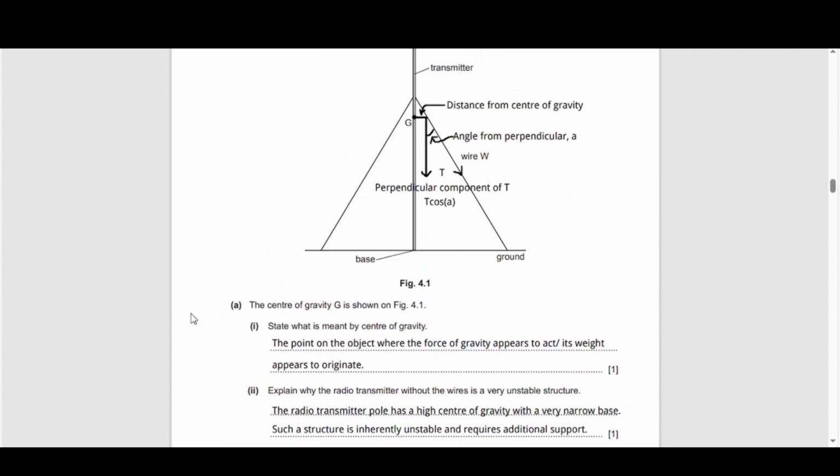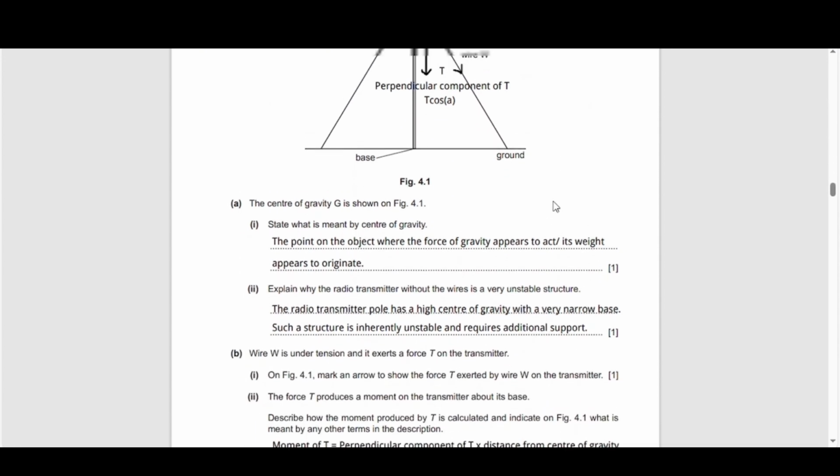So if I go back up there, we also need to mark where this force acts that causes the moment. The distance from the center of gravity where the tension acts is that distance there, right?